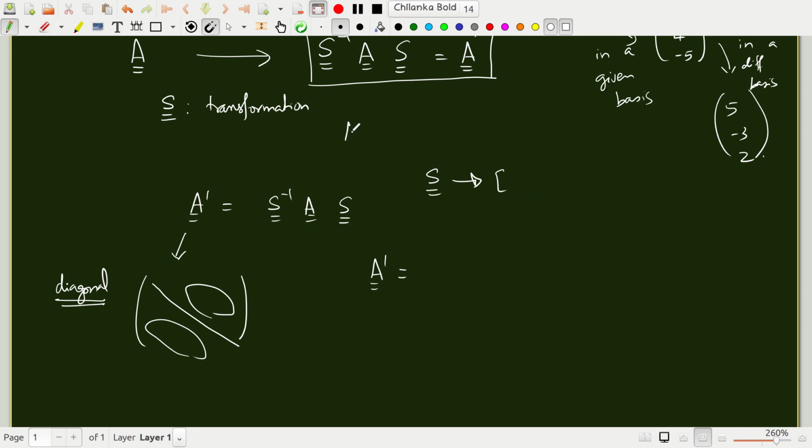Let's say the eigenvalue problem for A is A e_i equals lambda_i e_i. Let e_i be the eigenvectors. Let's assume them to be orthonormal.